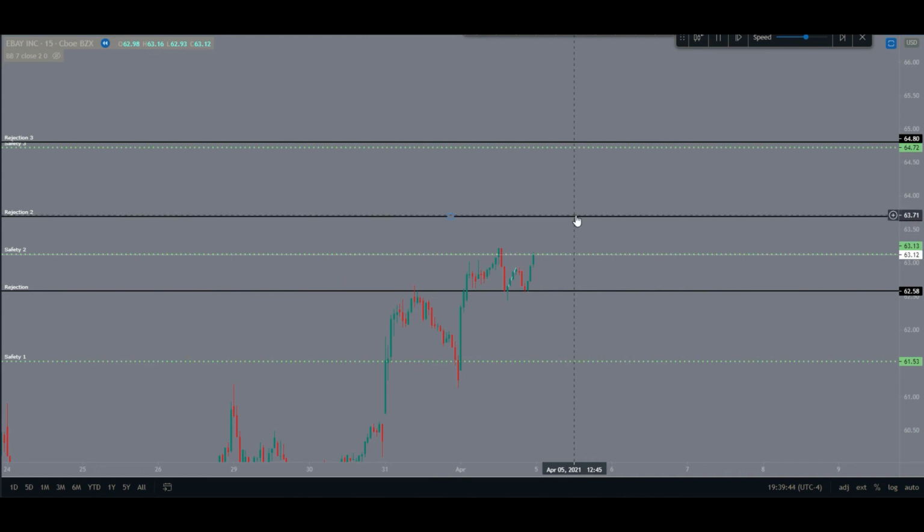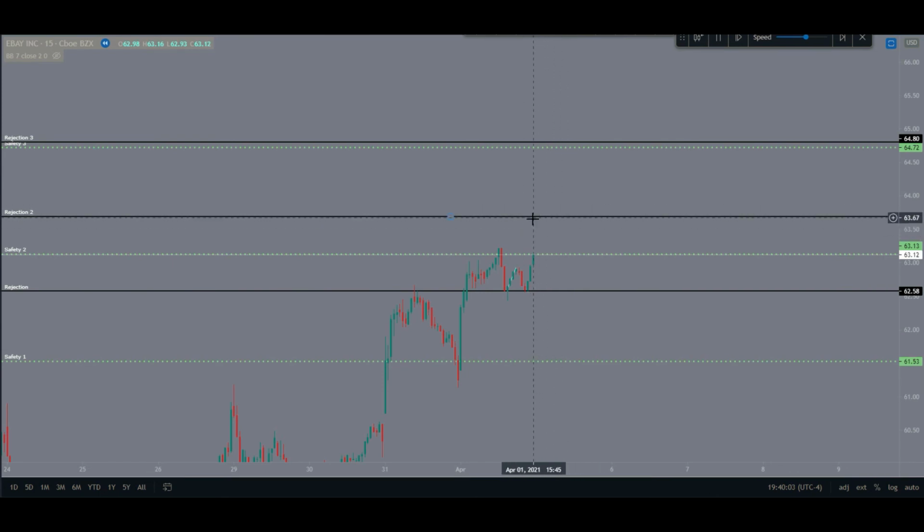So that's another level to look at to buy into again. If you're too late, if the market doesn't give you a chance to come back down here and you want to get frisky, you want to get aggressive, 72 can be your entry point.